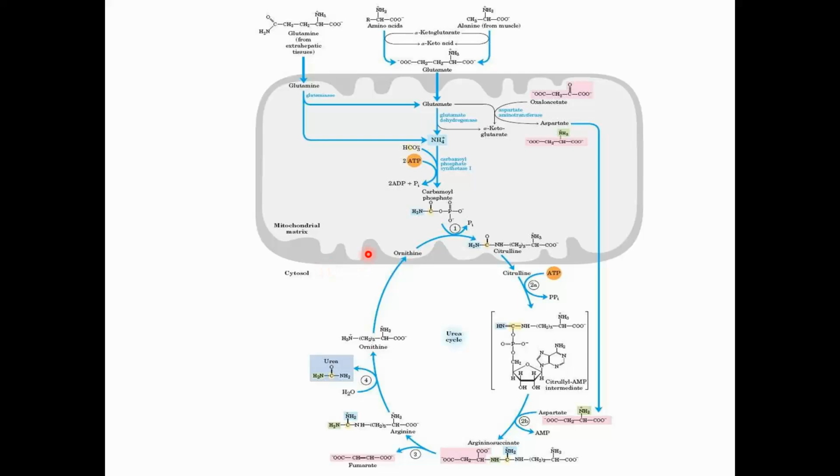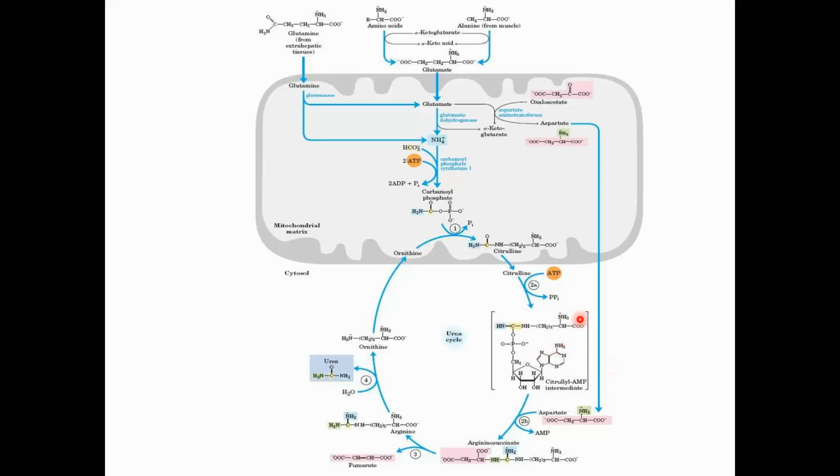ATP. This carbamyl phosphate then releases one phosphate and converts into citrulline, and then citrulline enters the urea cycle. In the urea cycle, citrulline uses ATP, releasing PPi, and is converted into a citrullyl AMP intermediate.